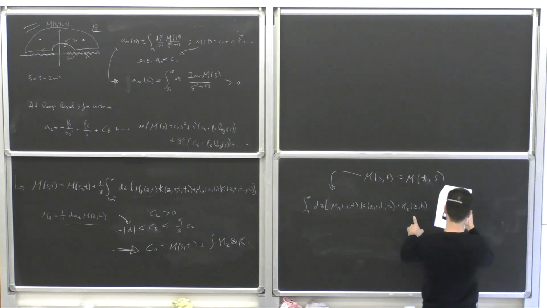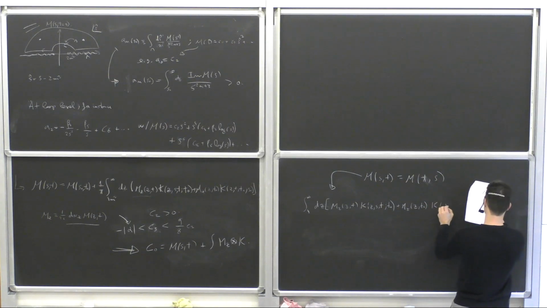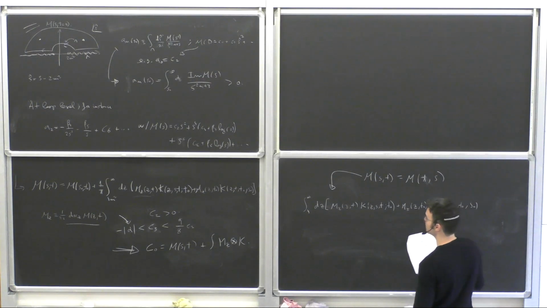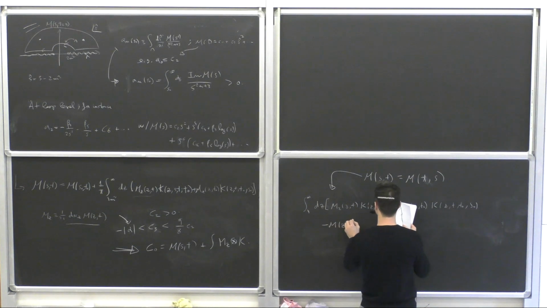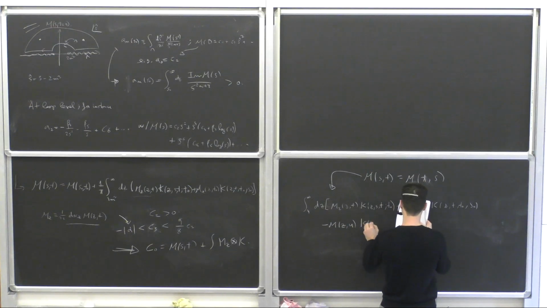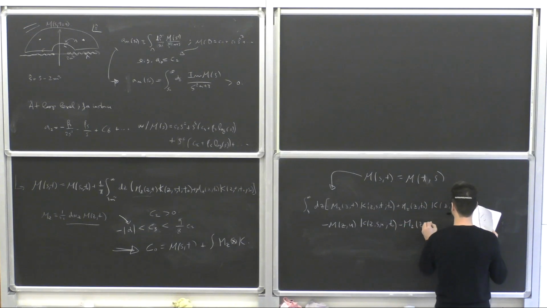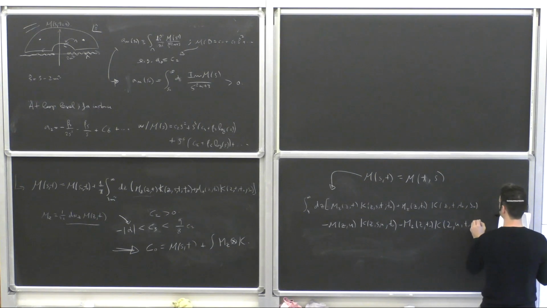K_z of t naught, s naught, z t naught, minus M_z of z,u K_z of s,u,t naught, minus M_z of z,t naught K_z of u,t naught, s naught.